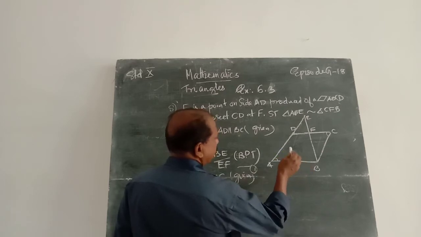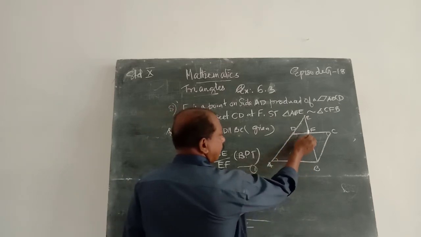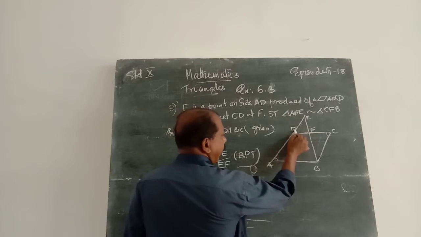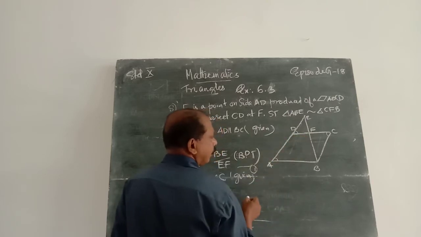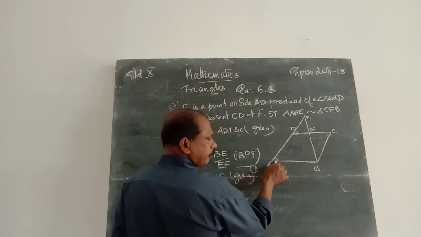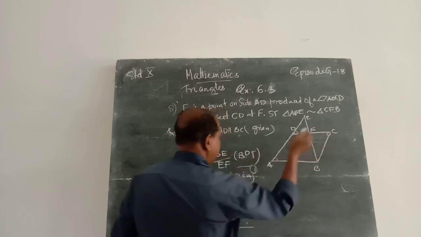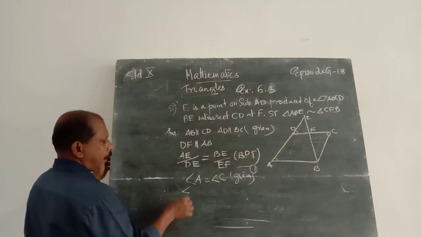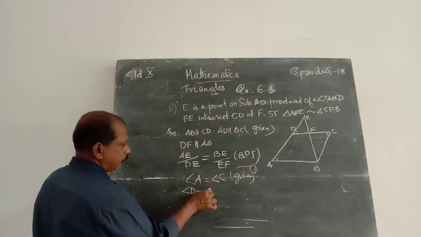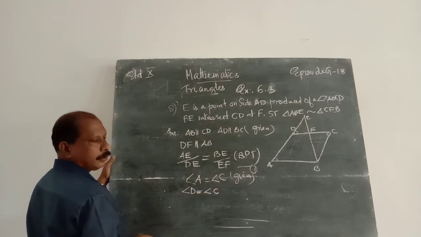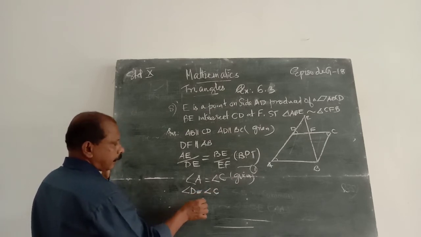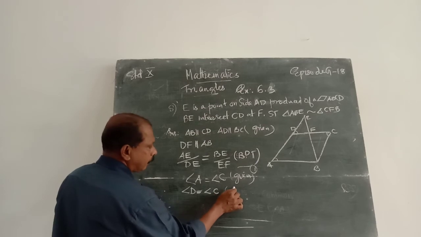That is, angle D is equal to angle A. Angle D is equal to angle C. That is also alternate angles.